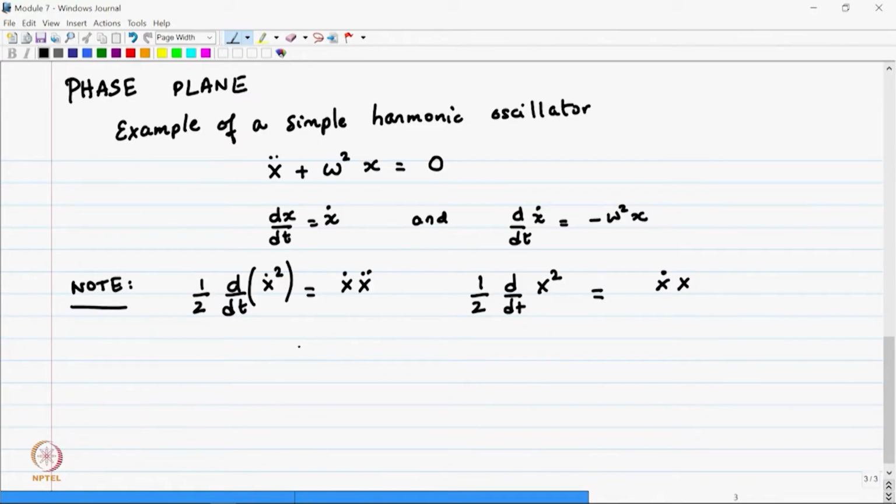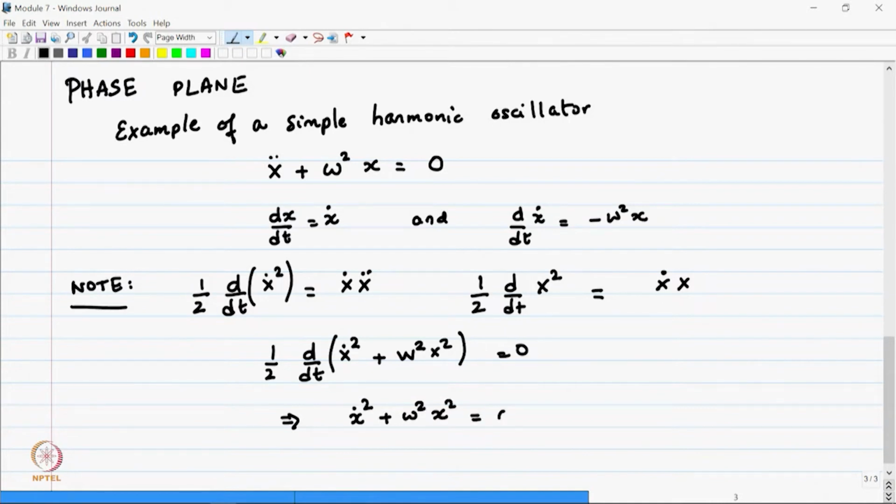So what you can say immediately is that half d by dt of x dot square plus omega square x square equals 0. By using the property of this differential equation, we can write an expression like this, and what this tells you is that x dot square plus omega square x square equals a constant.